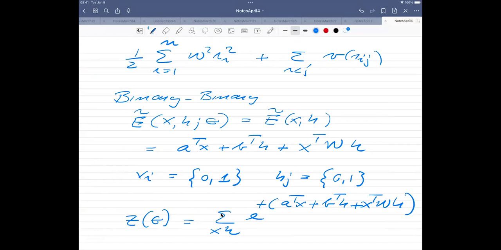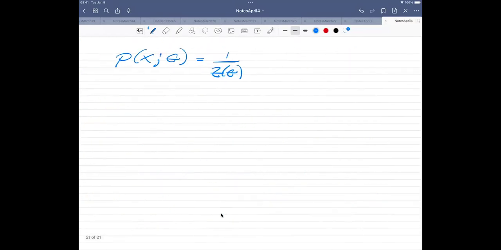So I'm just going to put a plus here. No, not a minus here, it's a plus, but a minus of this function. And let's now look at the quantity we want to optimize. So this is an e of a transpose x plus b transpose h plus x transpose times omega times h.